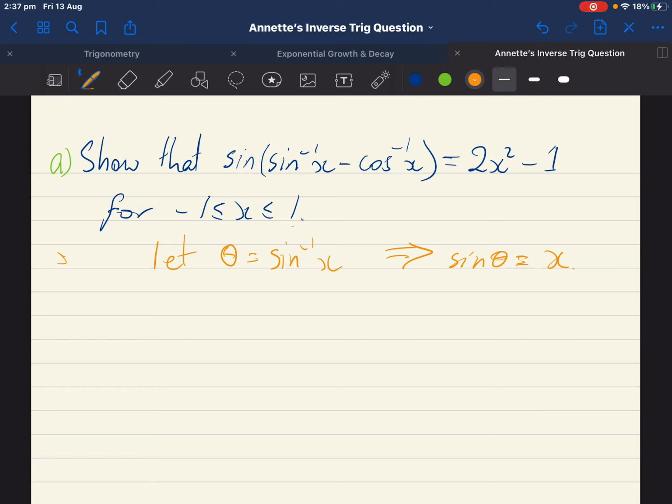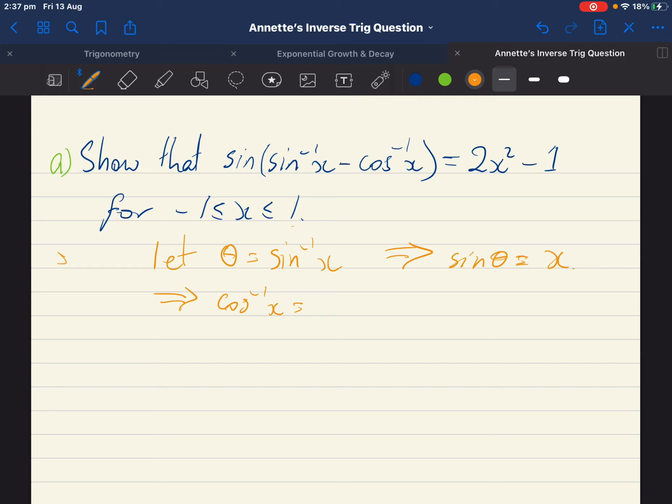Okay, so if that's what sine is, this is going to imply that inverse cos, remembering sine and cos are complementary, like cos 30 is equal to sine 60, cos 40 is equal to sine 50. They're complementary.